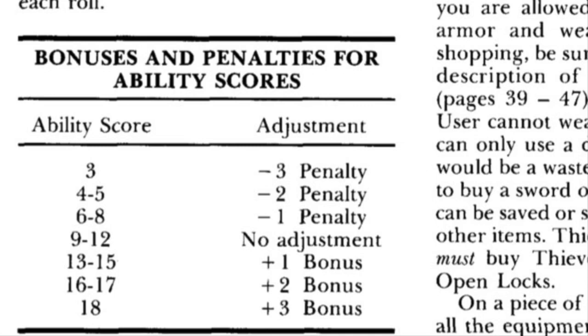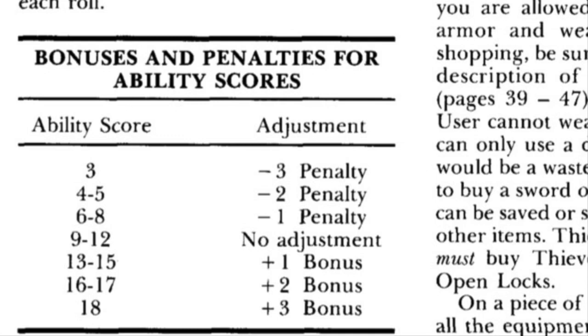After you've rolled your hit dice, the next thing you need to do is find your character's constitution score and apply any penalties or bonuses to the hit points. So, for example, if you have a constitution score of 3, you get a penalty of -3.